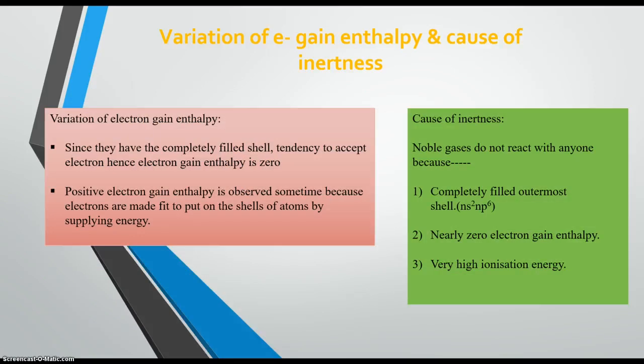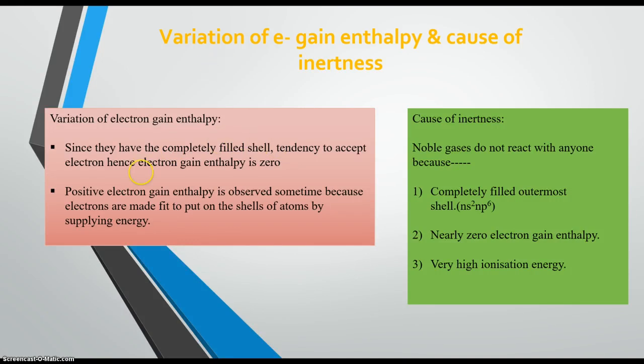What is the cause of inertness of these elements? And what is the variation of electron gain enthalpy? Since they have the completely filled shell, the tendency to accept electrons is very low, hence electron gain enthalpy is taken to be zero. This is a very important point. The valence shell configuration of group 18 elements is ns2 np6.